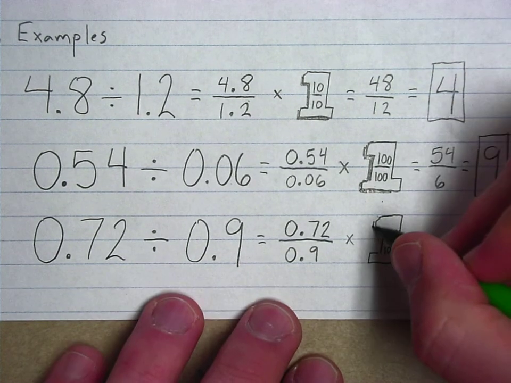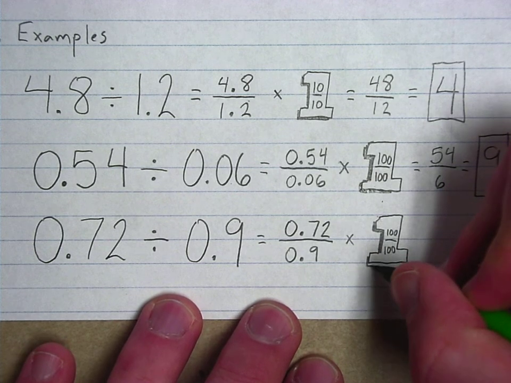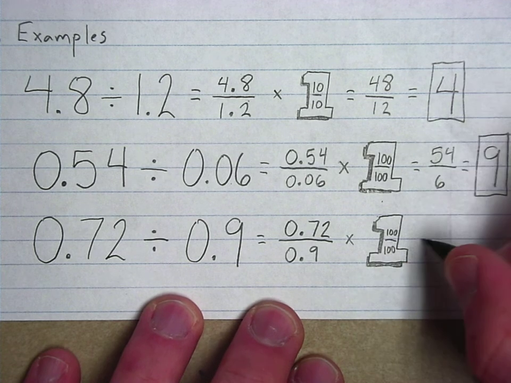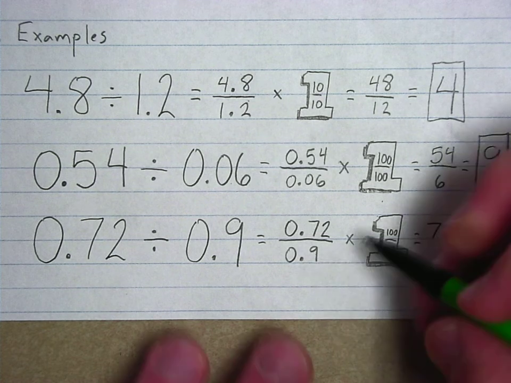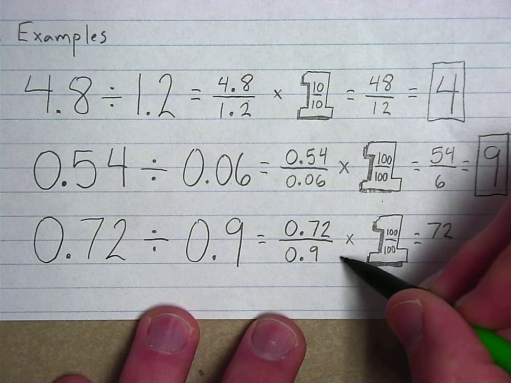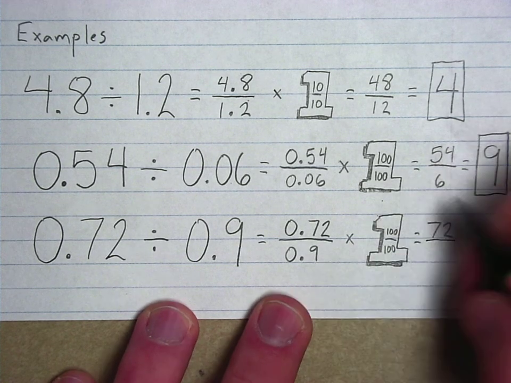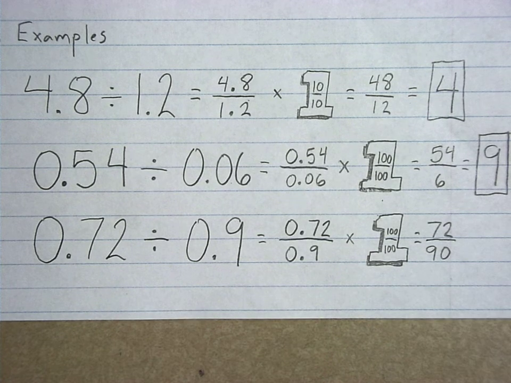Now, when I multiply the 100 times 72 hundredths, that's pretty easy. That gives me 72. But 0.9, I'm going to be moving this over 1 space, 2 spaces. So the 9 tenths is going to become 90.